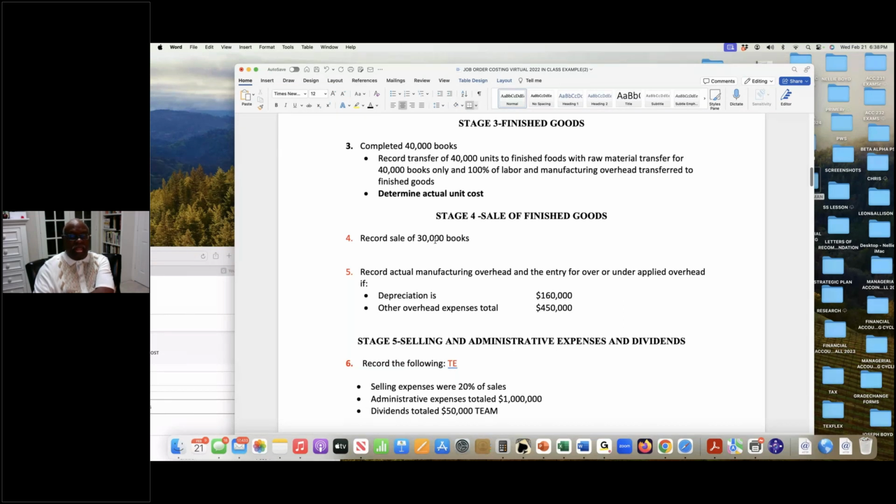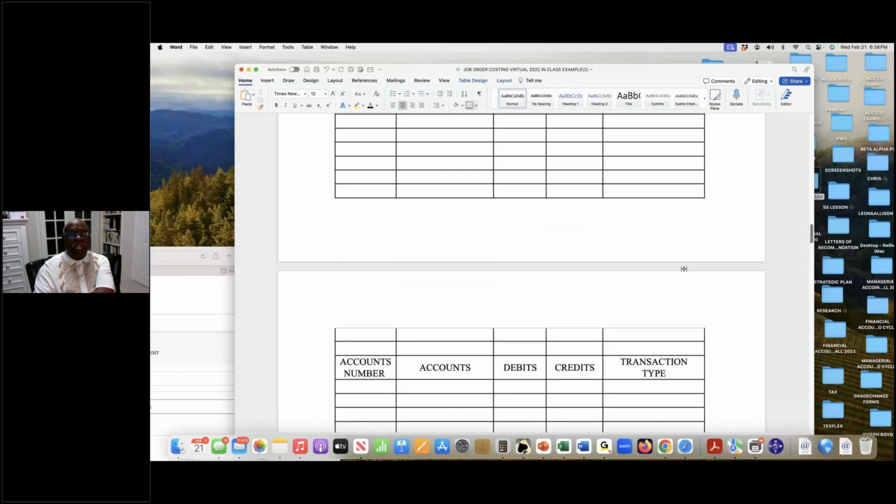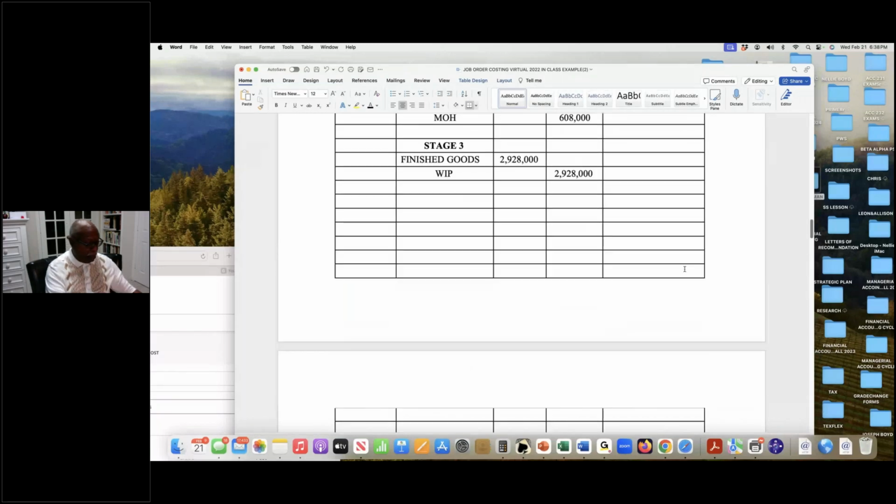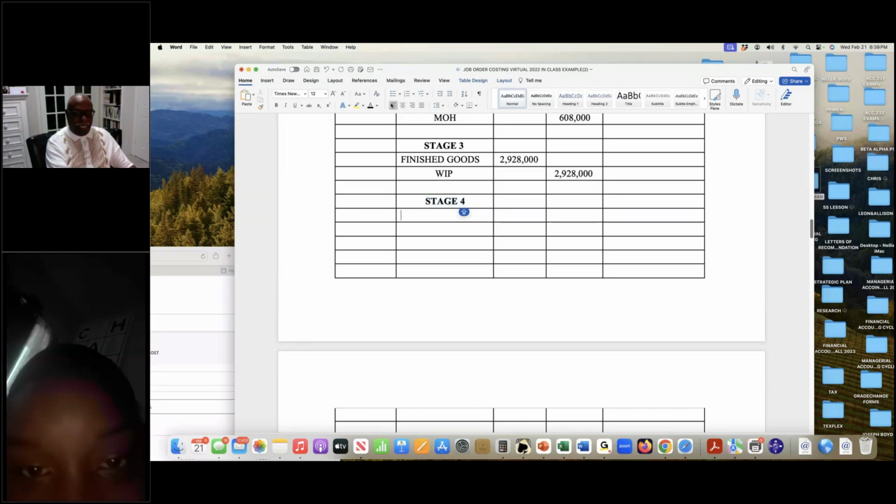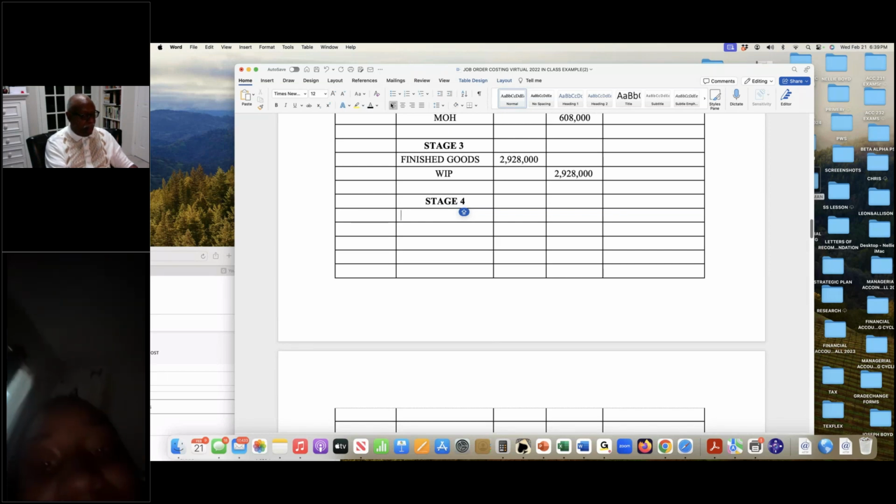And so assuming these were cash sales, as we get to stage 4, what's our journal entry going to be? First of all, we're going to debit cash, and we're going to credit sales.